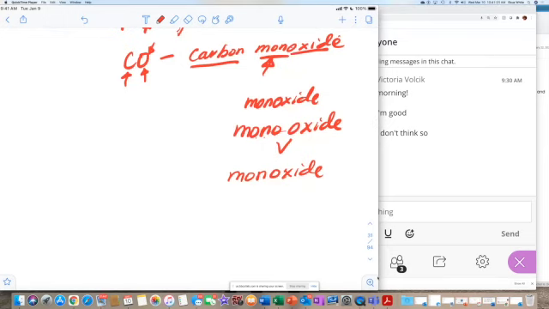If you have A and O, for example, penta-oxide, the A drops off and becomes pentoxide. Once again, this is one of those things where you have to learn the rules and practice the rules as we're working on it.